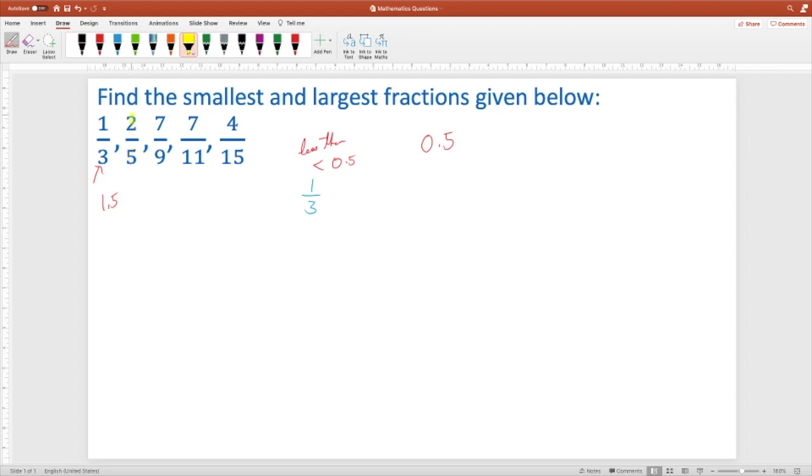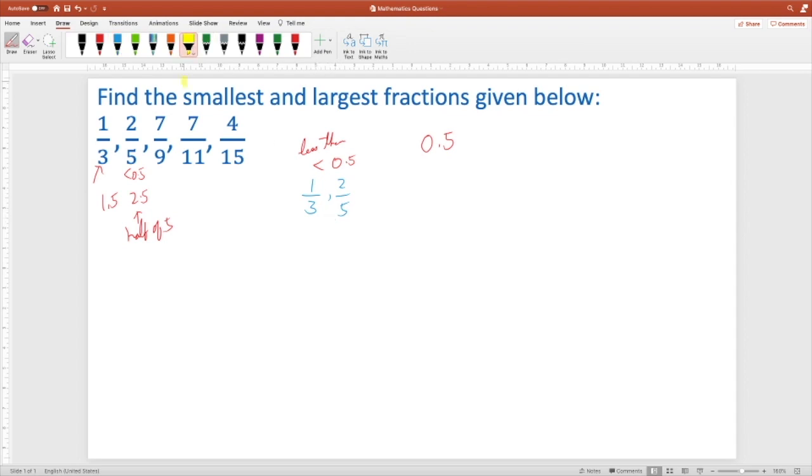Yes. Okay. So the same right here. The half of 5 is 2.5. So 2 is less than 2.5. So this fraction is less than 0.5. So I have another element right here that is less than 0.5.